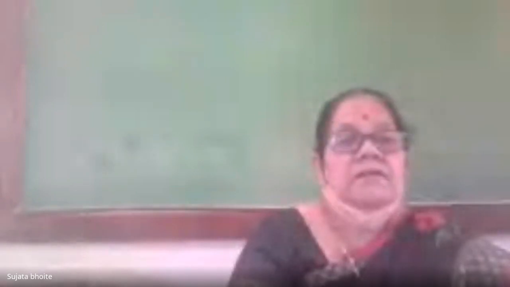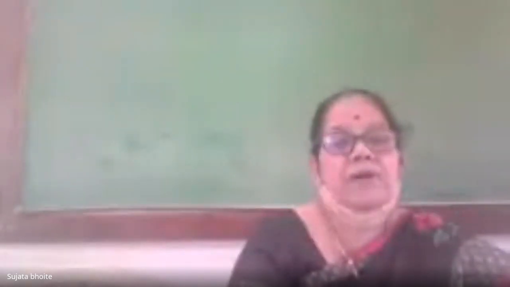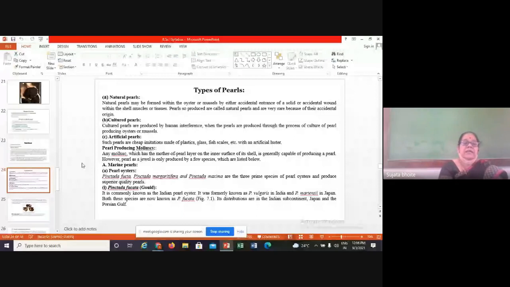The types of pearls: there are three types, natural pearls, cultured pearls, and artificial pearls. Natural pearls are generally formed within the oyster or mussels by either accidental entrance of a solid particle or an accidental wound within the shell, muscles or tissues.